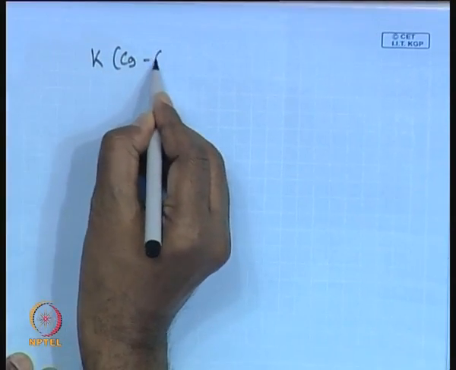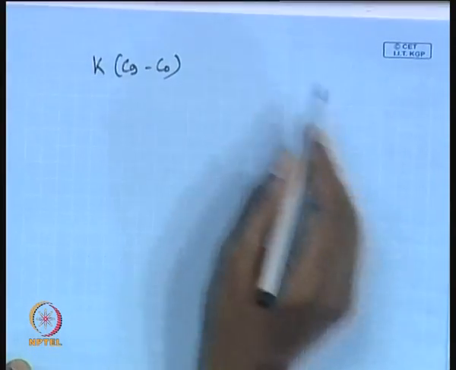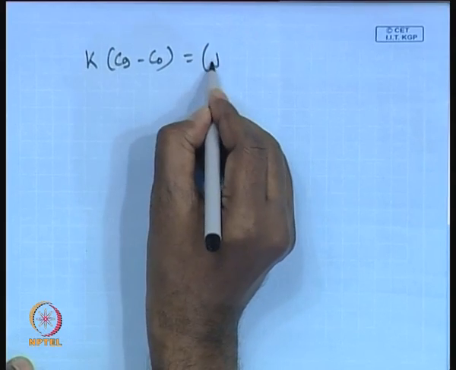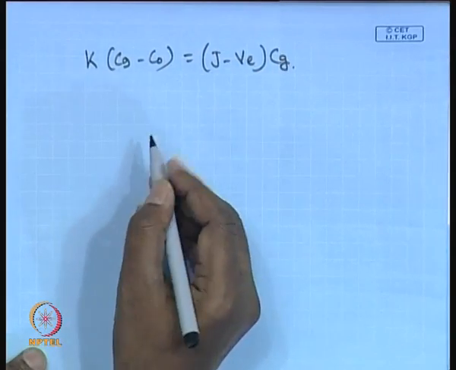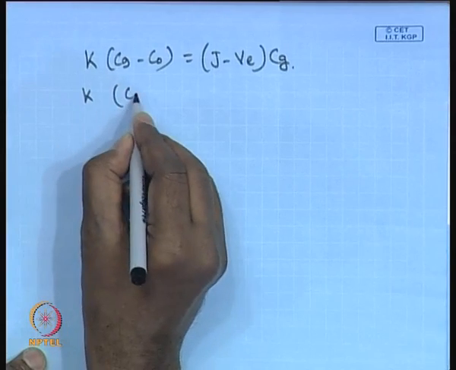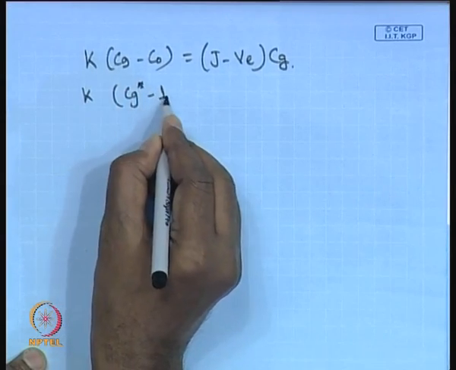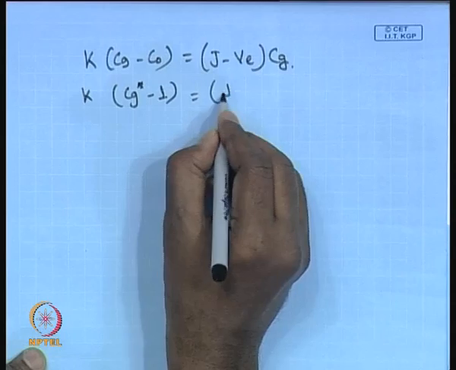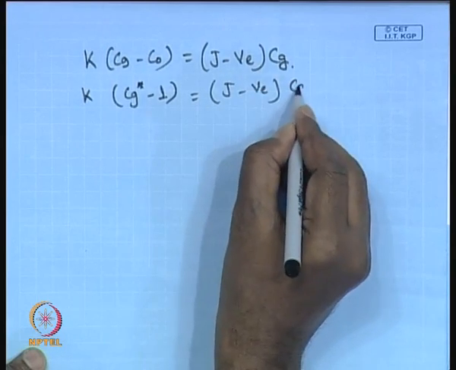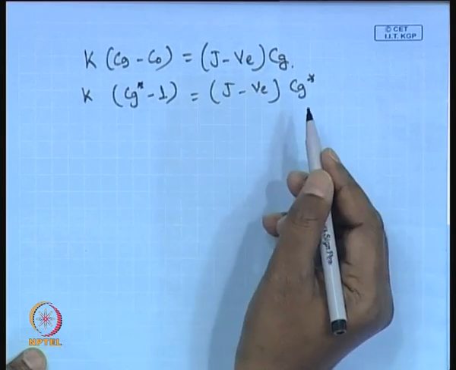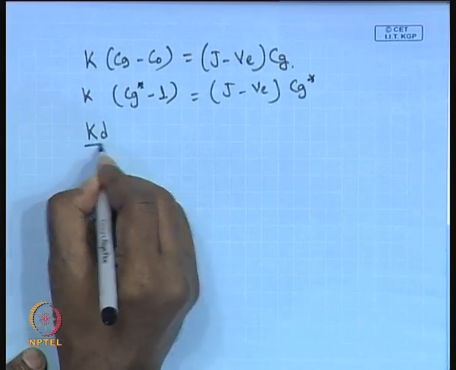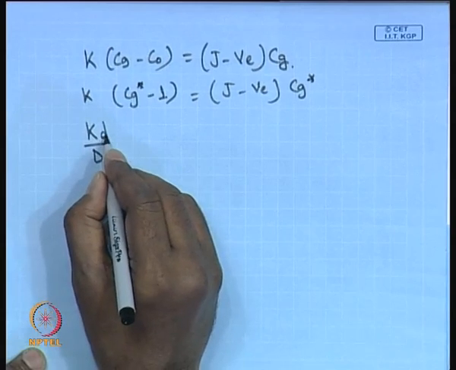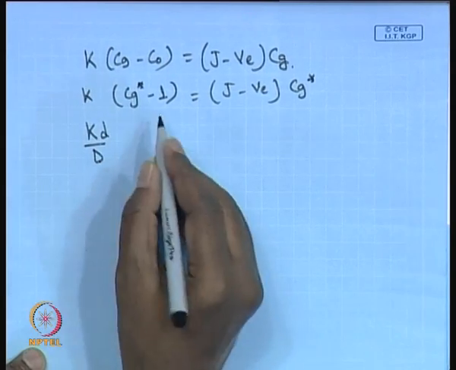So, you will be getting k(Cg minus C naught) is equal to J minus VE Cg. Make it non-dimensional, that means Cg star, divided by C naught, and then multiplied by d by D, you multiply by diameter divided by the diffusivity on both sides.